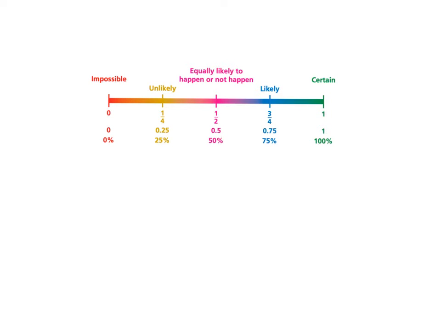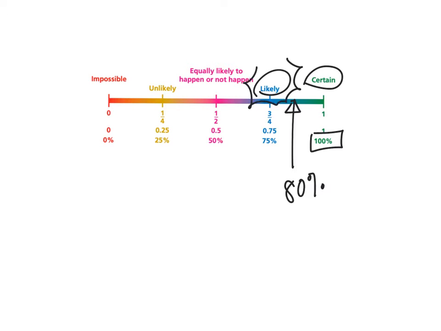If we're at 80%, I would guess 80% is in this area here-ish, right? 80% is between the word likely and the word certain. I can only do the word certain if I am at 100%. Since I'm not at 100%, I'm going to have to err on the side of saying likely.